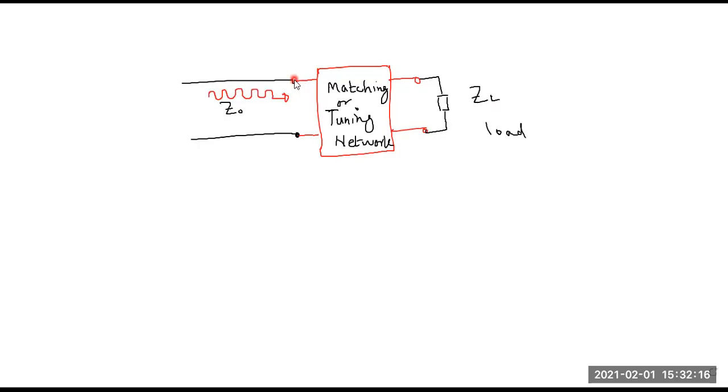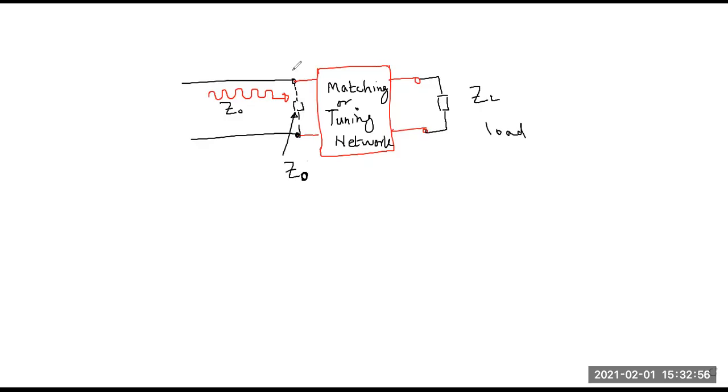So at the input of this network, it will appear as if the load is equal to Z naught. I'm just going to represent this: it will appear as if there is now a virtual load, while the actual load is equal to ZL. This, it will appear as Z naught.